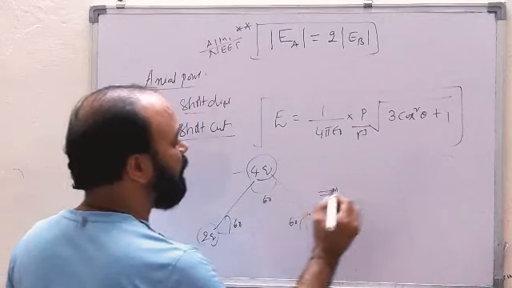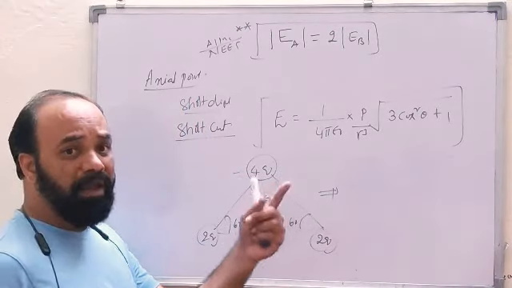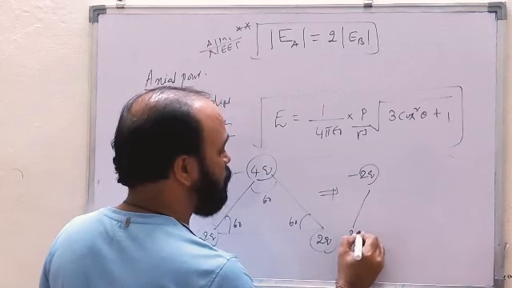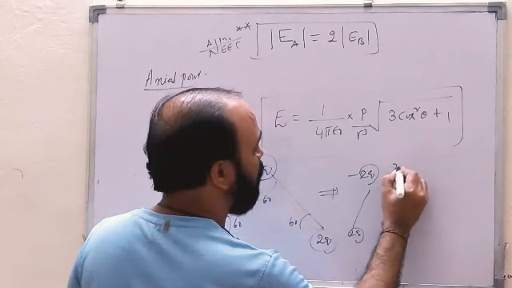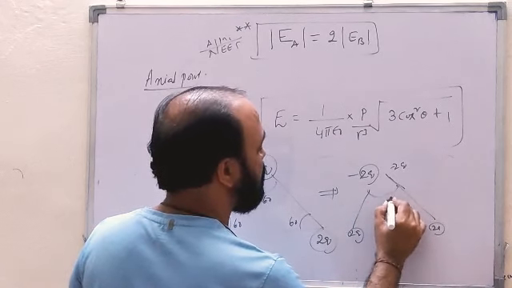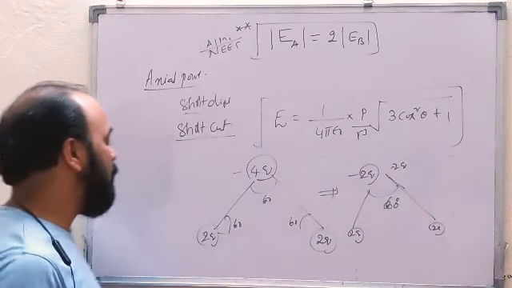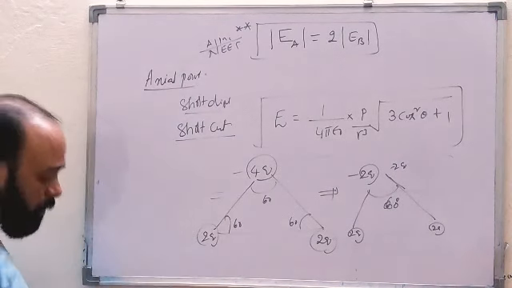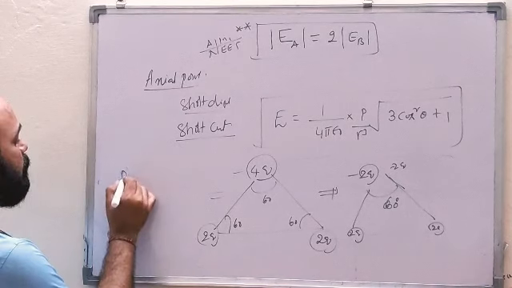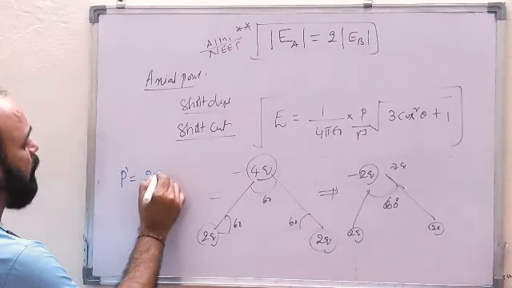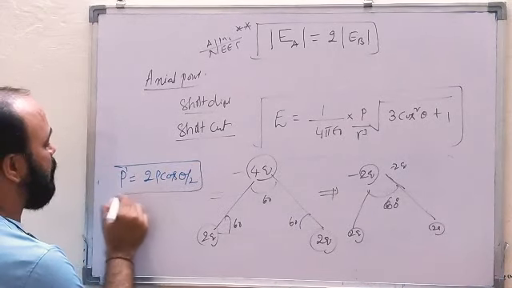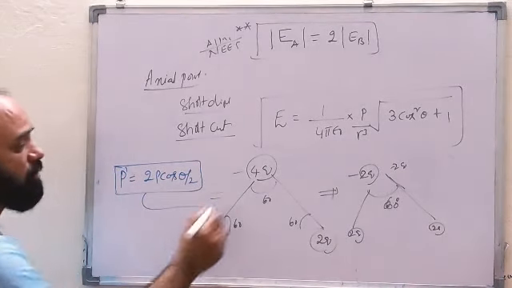This we can write as minus 2q, 2q, and one more minus 2q, 2q. Here theta is 60 degrees because it's an equilateral triangle. Shortcut formula for the quadrupole, P dash is equals to 2p cos theta by 2. For this problem, this is the shortcut.